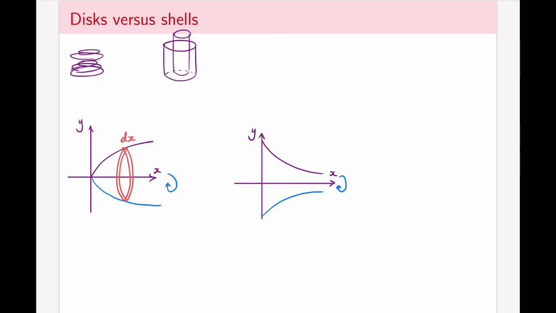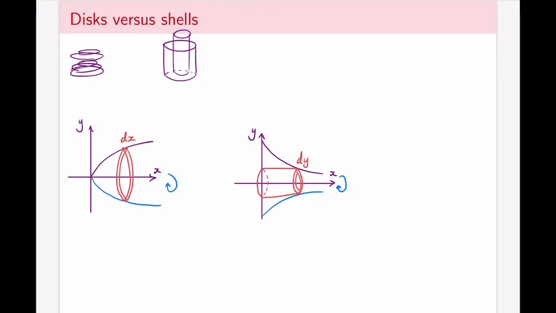So in order for me to draw a typical cylinder here, I'm going to draw along the core, which is the axis of rotation here, and then introduce some thickness to my little cylinder here. So it's going to have some non-trivial thickness here. And then what I of course notice right away is that this thickness is now parallel to the other axis, and therefore my integral is going to be described in terms of y.